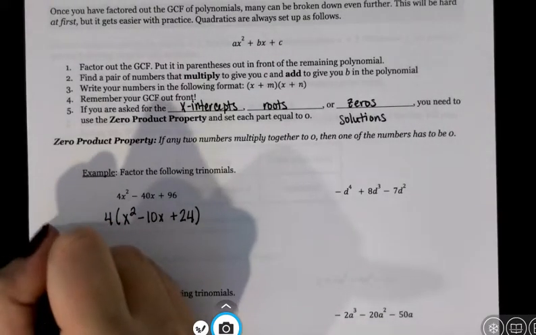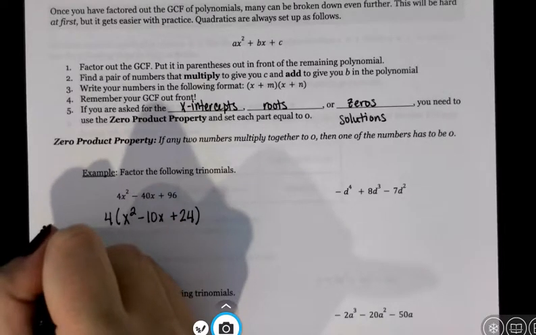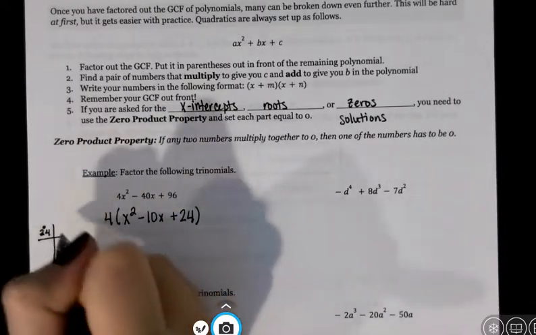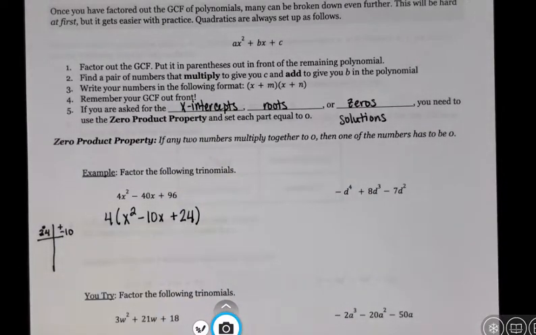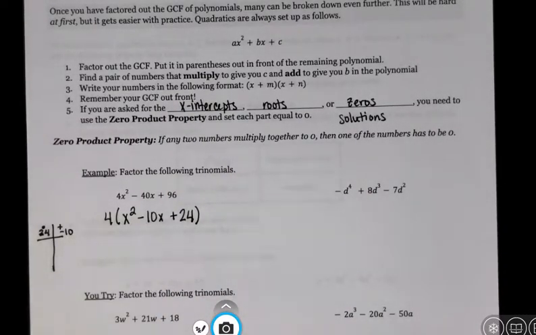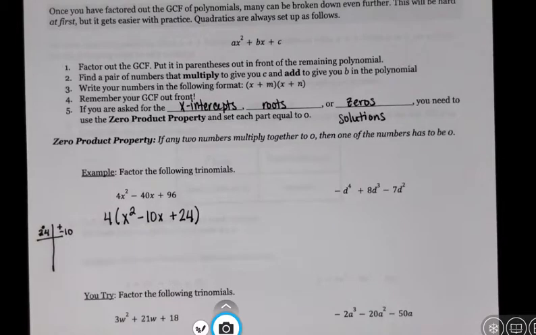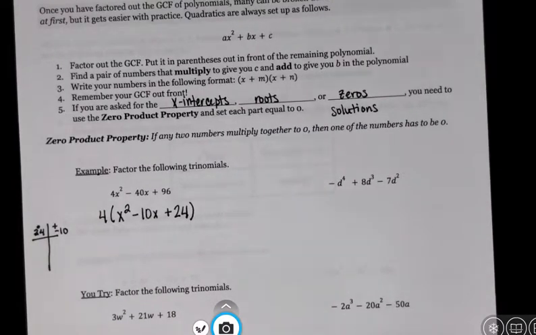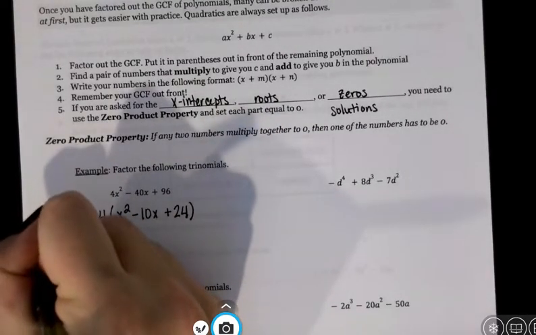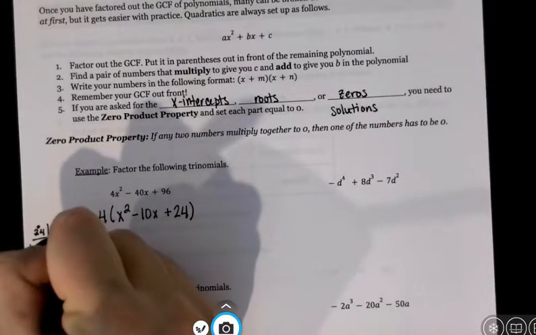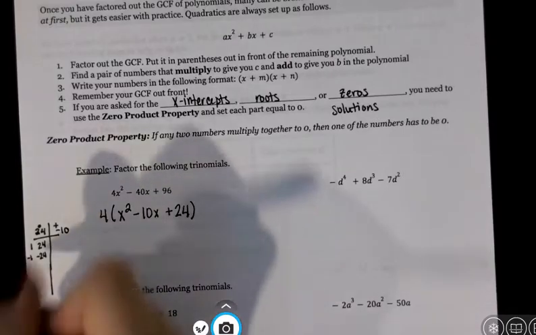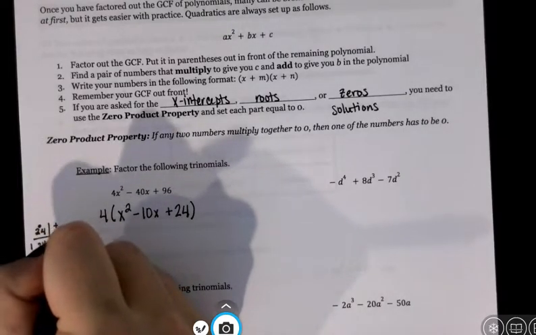Then I want to find numbers that multiply to +24 that add up to -10. Since I'm multiplying to a positive, my factors have to be the same sign, so they either can be both positive or both negative. So I can have +1 and +24, -1, -24. And I'm going to make my entire list.